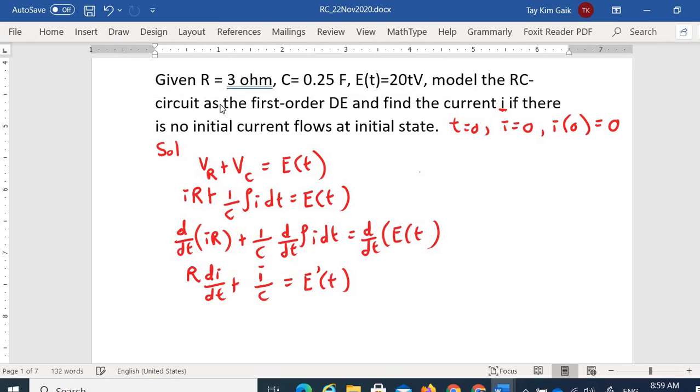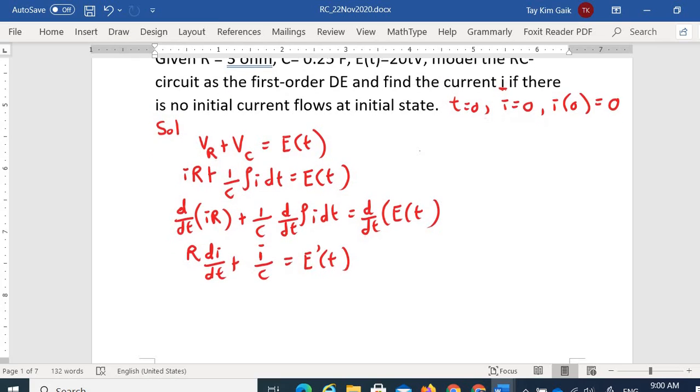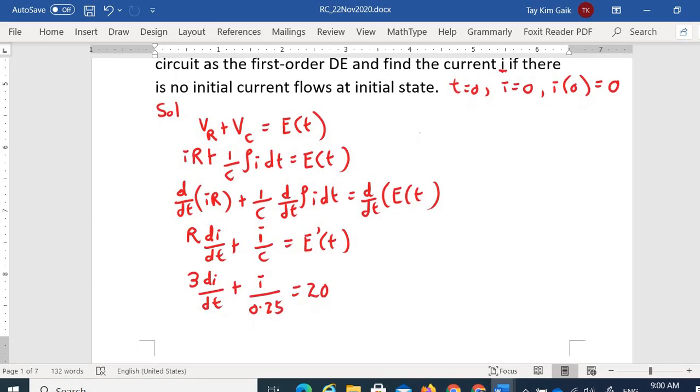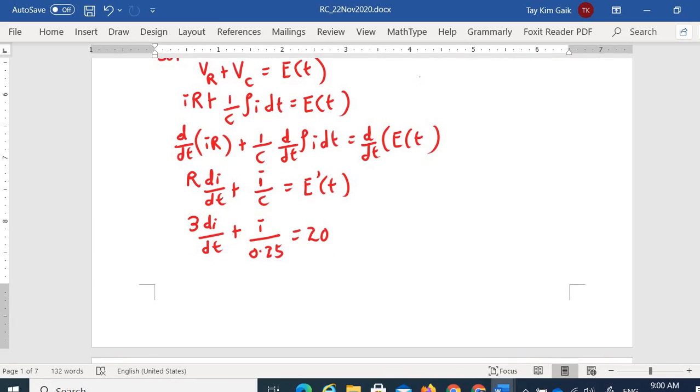Then you plug in R, C and E, and differentiate the E(t) given. Plug in R, in this case is 3. We have 3 di dt. C is 0.25. E prime t is the derivative of 20t, you get 20. So we make the first derivative have coefficient 1 by dividing both sides by 3.